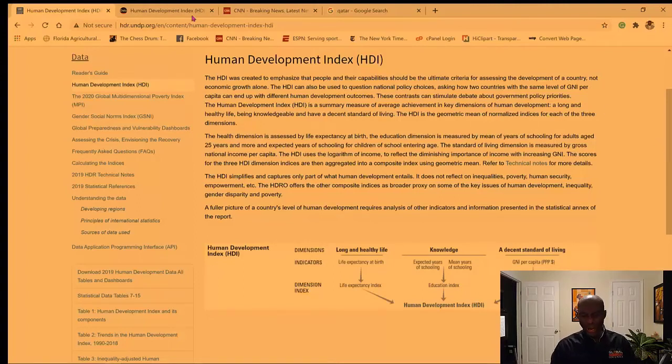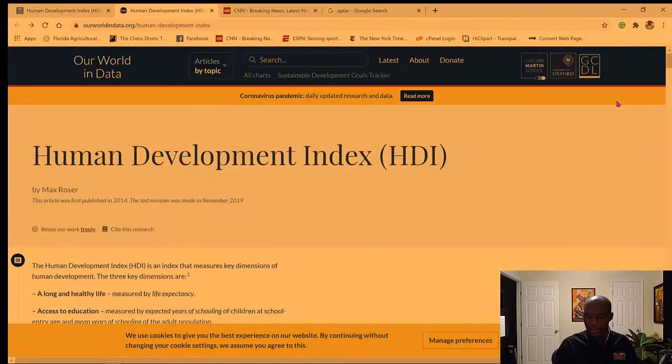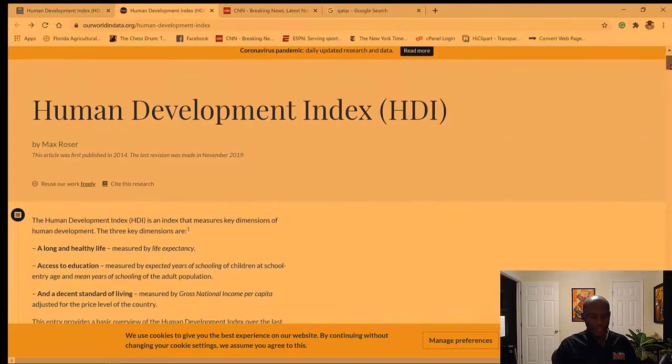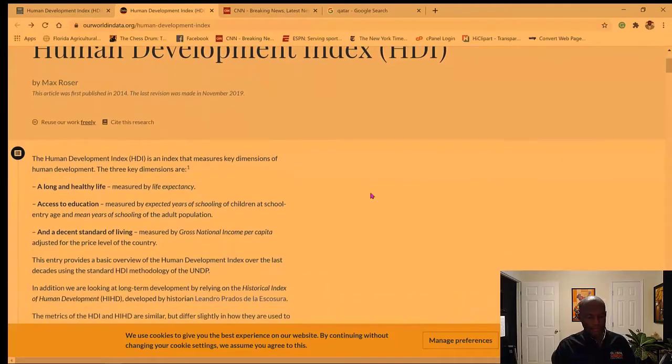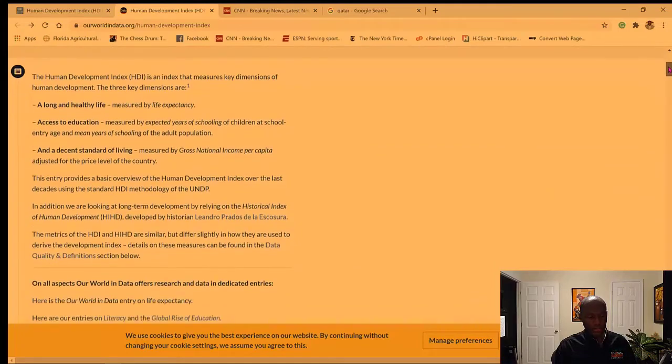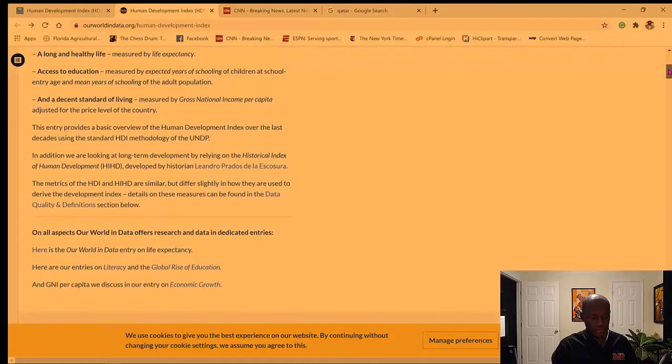So what is this HDI? What does it consist of? You see down the bottom, it is measuring health is one, knowledge attainment is another, and also standard of living. So if you look, I'm going to go to another website, and if we go down on this site, it has the same points here, which they took from the organization: long, healthy life, access to education, and a decent standard of living.